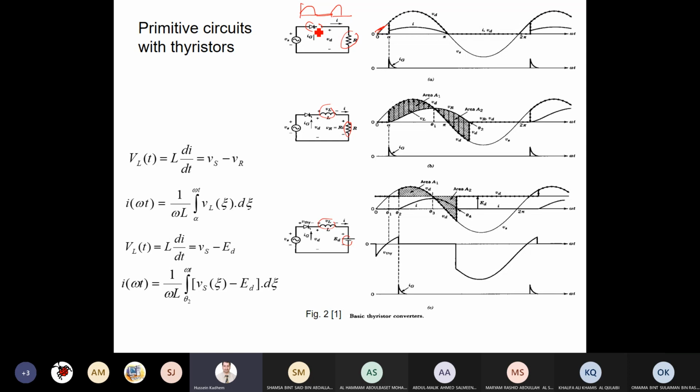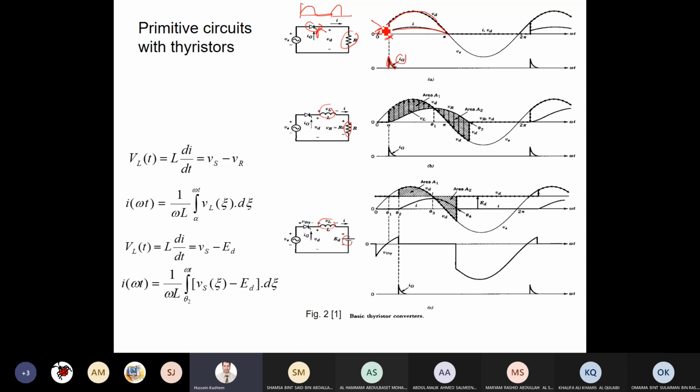The thyristor will be open circuit until its gate receives the triggering pulse IG, which we call the delay angle. Then at alpha, the firing angle or triggering angle, the thyristor will conduct. So the voltage directly jumps and appears across the load, and the same for the current.